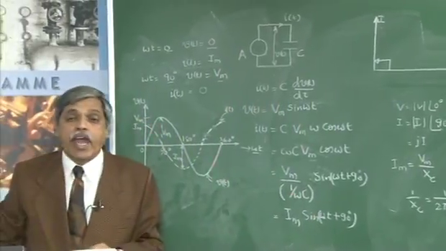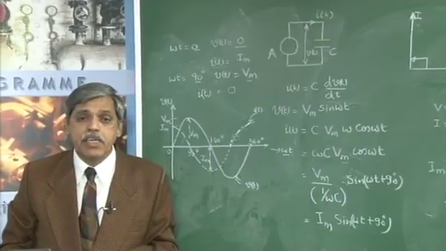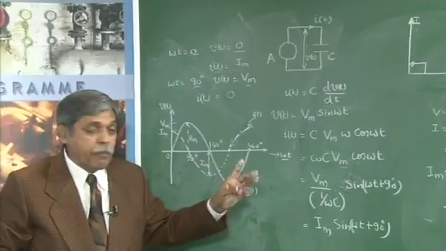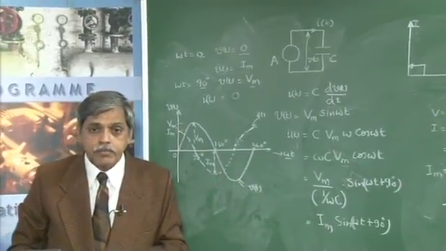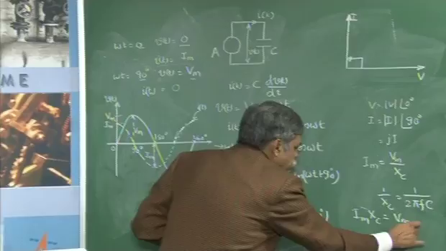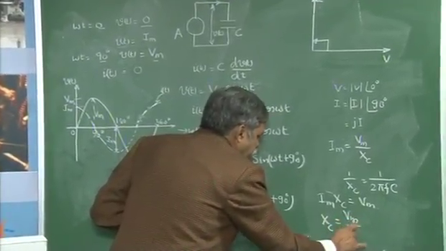So the capacitive reactance is inversely proportional to the supply frequency f and is also inversely proportional to the capacitance value. Here I can also write this equation as Im multiplied by Xc equals Vm, or Xc equals Vm divided by Im.